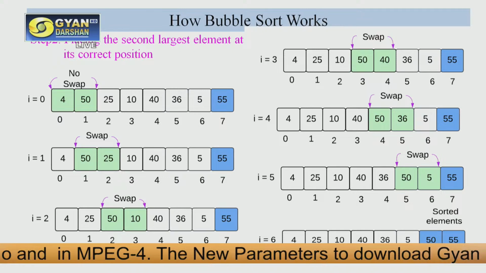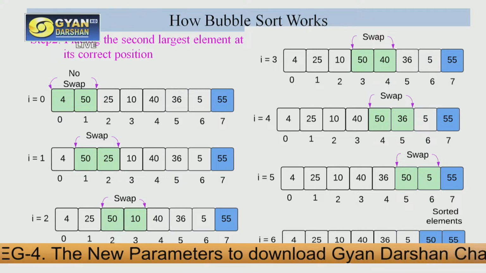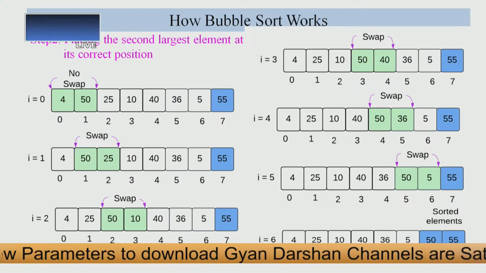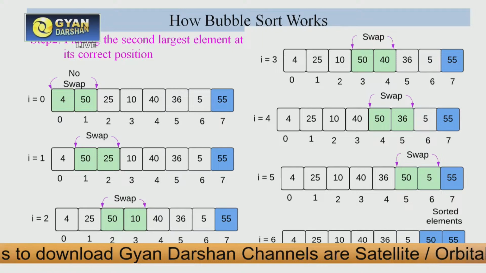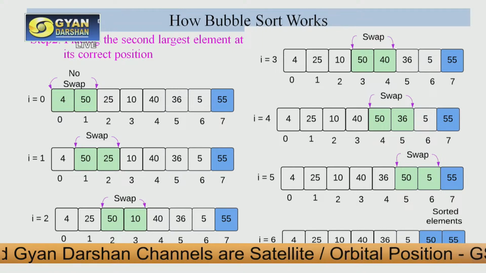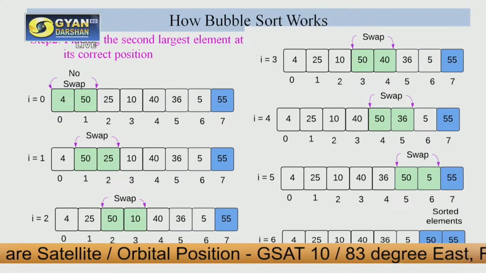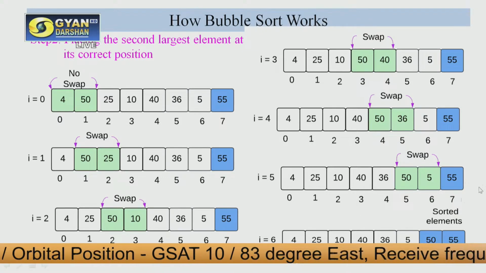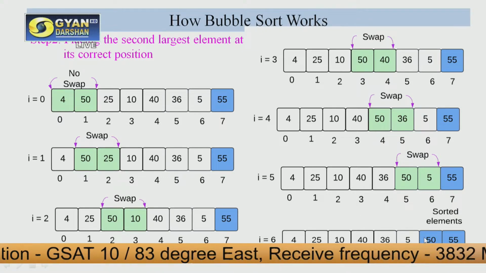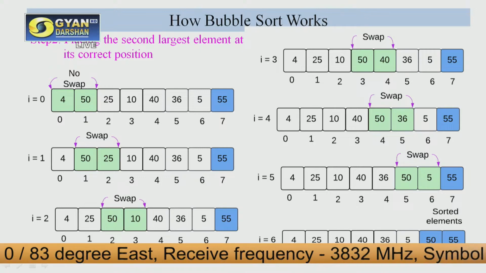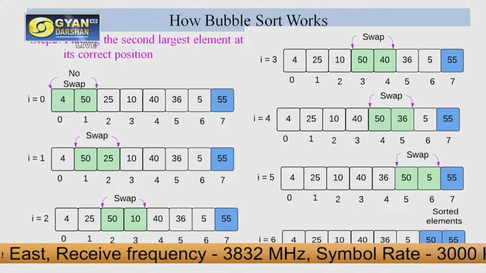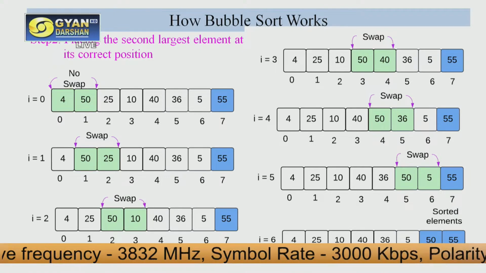In the next iteration, 50 will be compared with 10, and because 50 is greater, again swapping will be done, and so on. If we complete this pass, at the end we can see in the last figure, at the right bottom, that 50 is placed at its appropriate place.